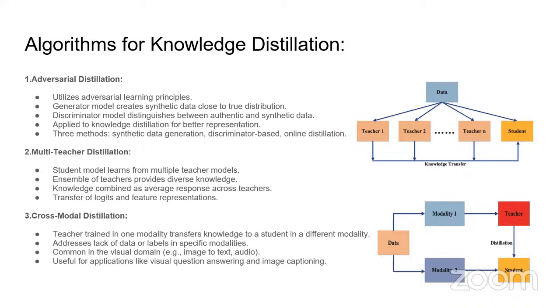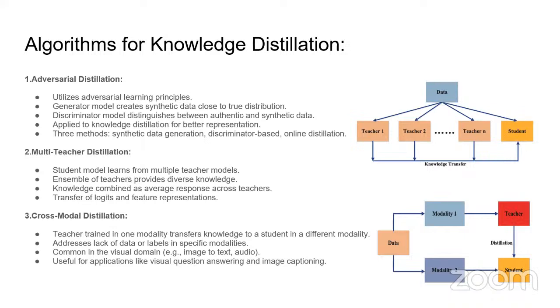Then this is applied to knowledge distillation for better representations. There are three methods: synthetic data generation, like false data generation; the discriminator, which determines whether it is real data or a fake one; and online distillation.